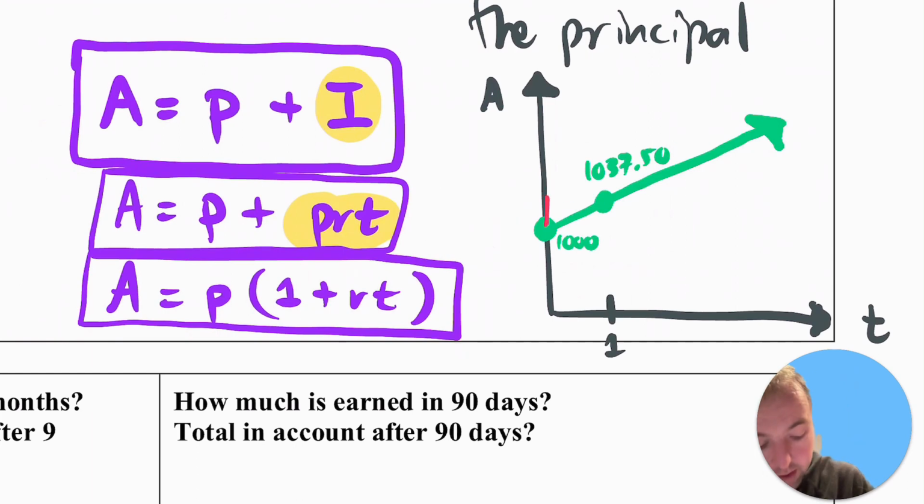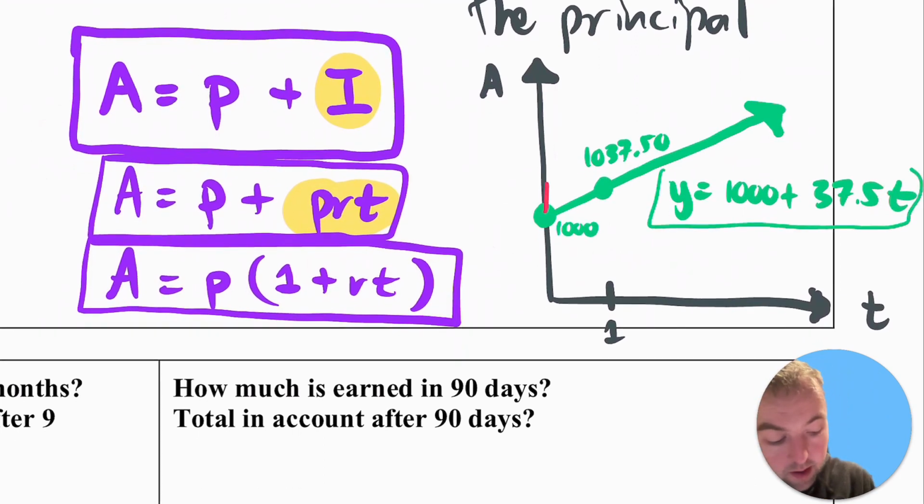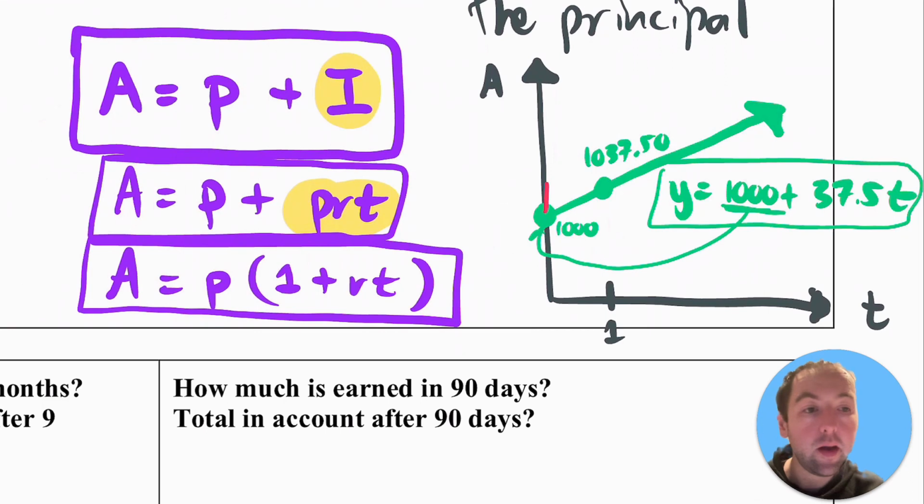So we can actually write an equation for this. If you think back to algebra and writing linear equations, you can think that the equation for this is really just y equals 1,000 plus 37.5t. So think about what I just wrote right there. The 1,000 is just a number, which means it's going to be your y-intercept, which is what we have, right?